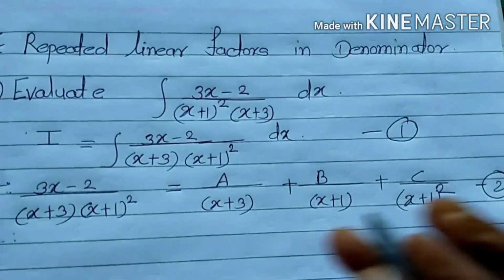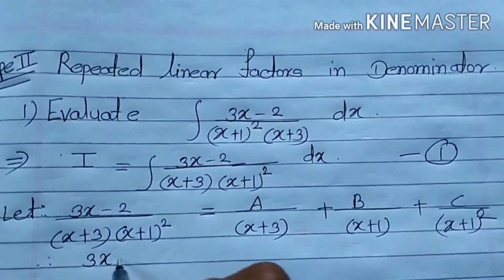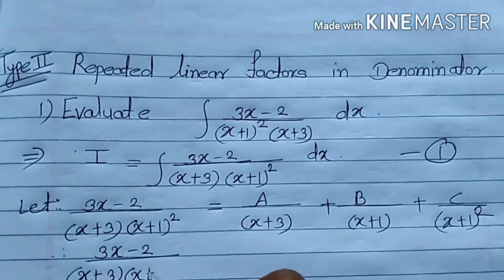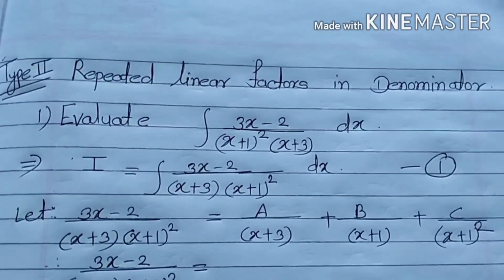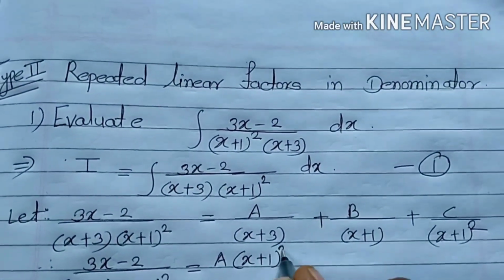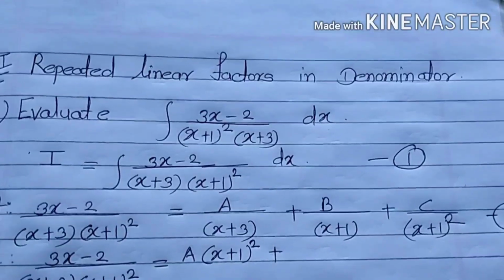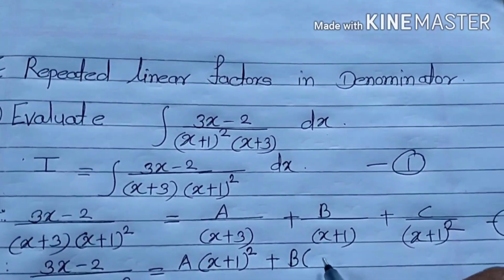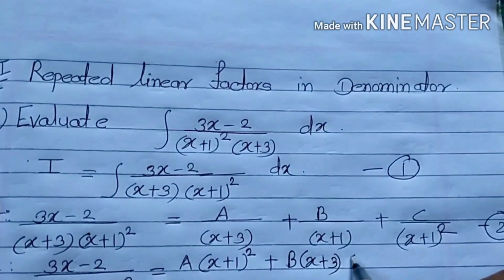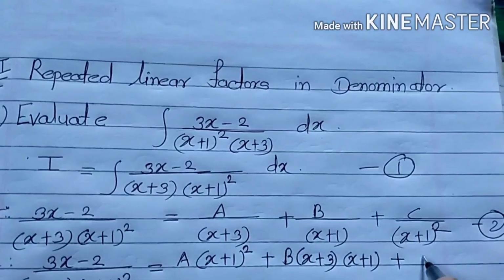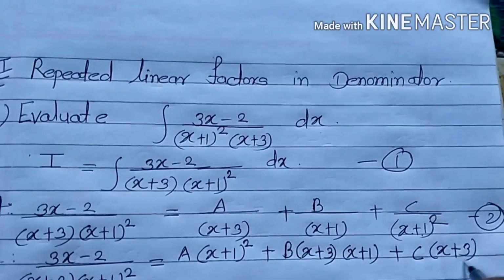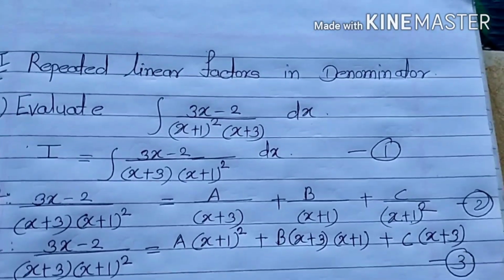Now 3x minus 2 upon x plus 3 x plus 1 whole square is equal to a into x plus 1 square plus b into, here x plus 1 is present, so x plus 3 x plus 1, plus c into x plus 3, whole upon x plus 3 x plus 1 whole square. Give it equation second.